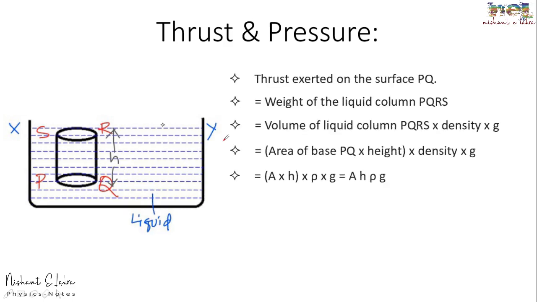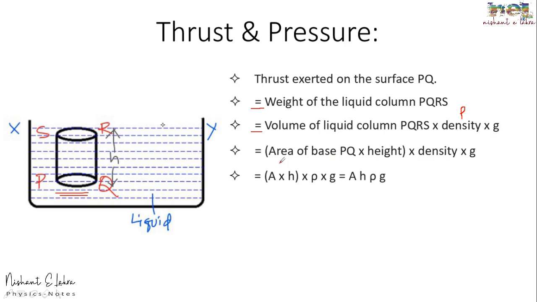Thrust exerted on the surface PQ. Okay, the thrust, the force that is exerted on the surface PQ is equal to the weight of the liquid column PQRS. Okay, weight of the liquid column. It's not about the empty container, empty vessel PQRS. It's talking about it is equal to the weight of the liquid column PQRS, which is equal to volume of liquid column PQRS into density into gravity, acceleration due to gravity.